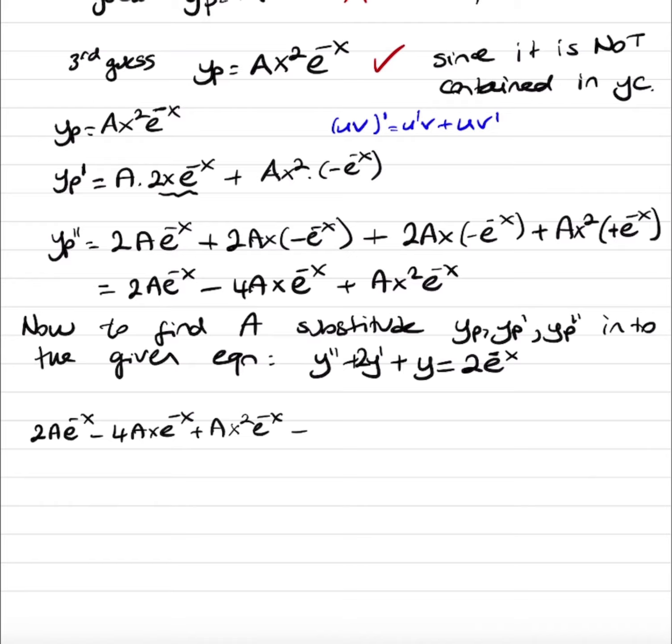Then 2 times y particular prime, which is 2ax e to the power minus x minus ax squared e to the power minus x, plus y particular, ax squared e to the power minus x, and this is equal to 2 e to the power minus x.